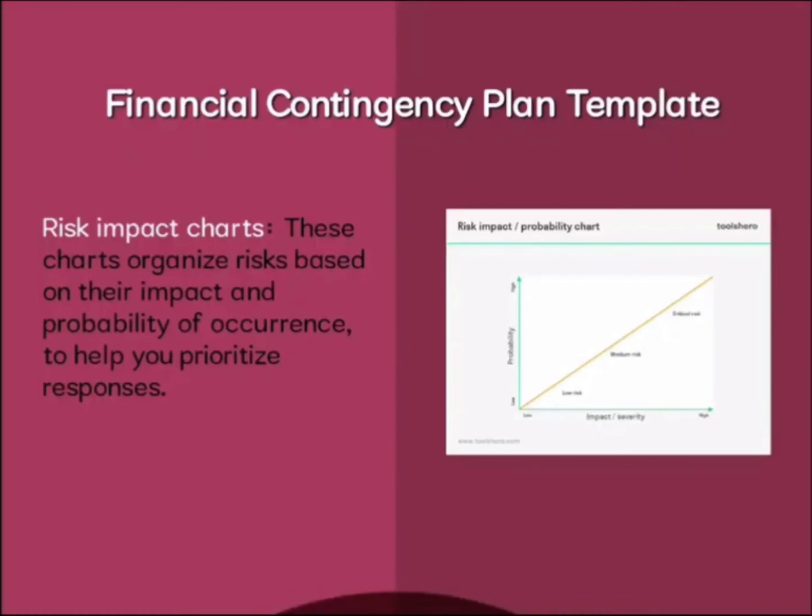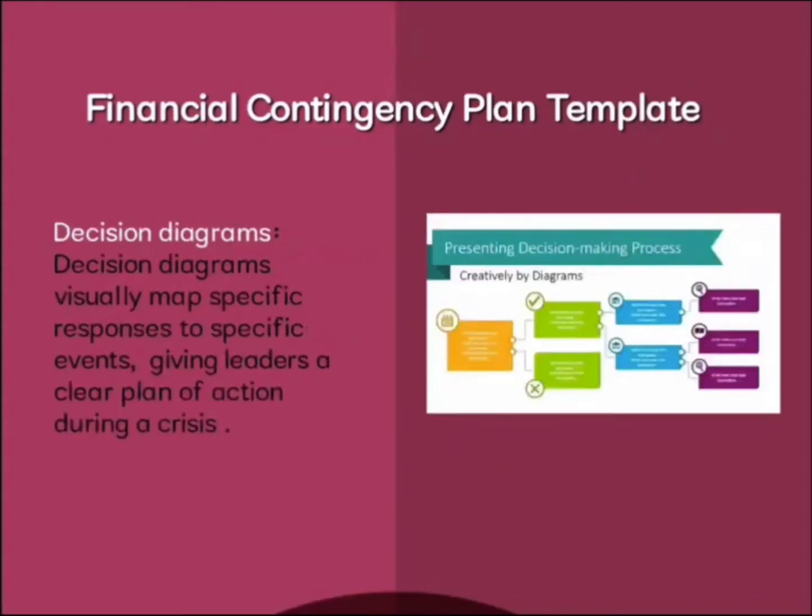These charts organize risks based on their impact and probability of occurrence to help you prioritize responses. Next is decision diagrams. Visually map specific responses to specific events, giving leaders a clear plan of action during a crisis.